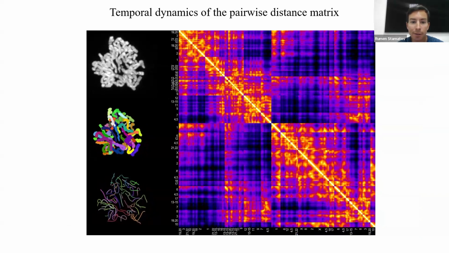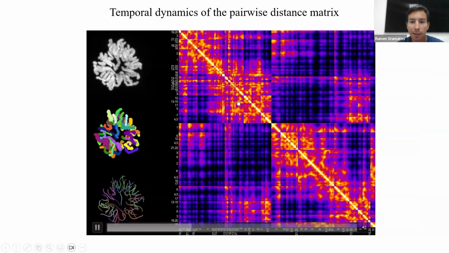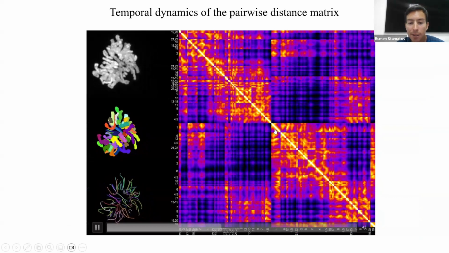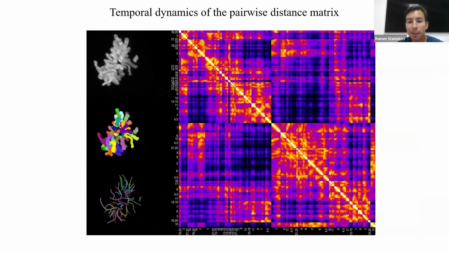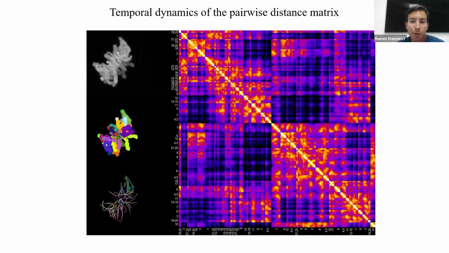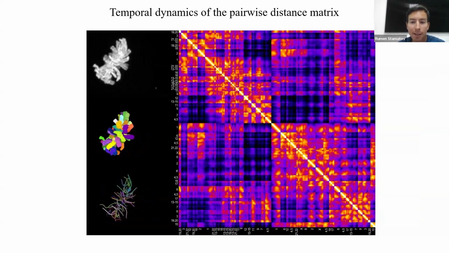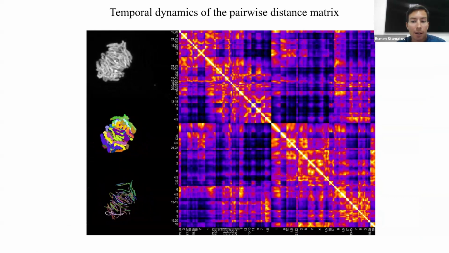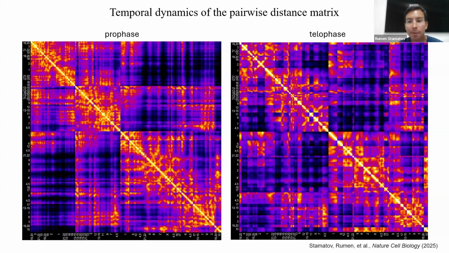So this movie now is showing that there is very little difference from frame to frame, because we see that the pattern roughly stays the same. But still, although nothing changes over a few seconds, if we compare the initial and the final matrix, there are quite a few differences.